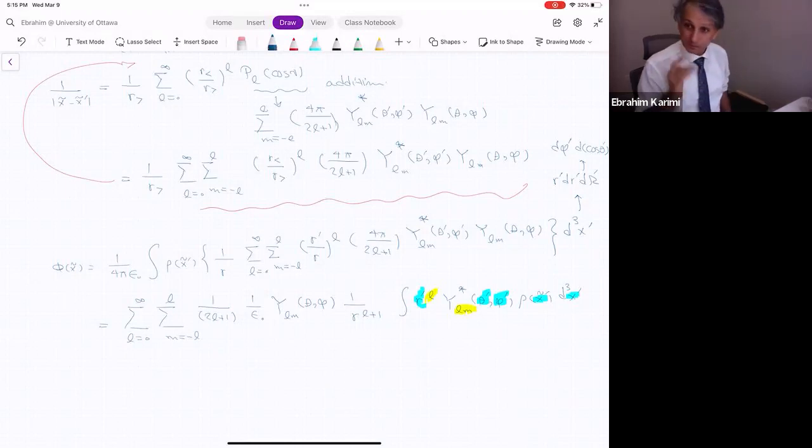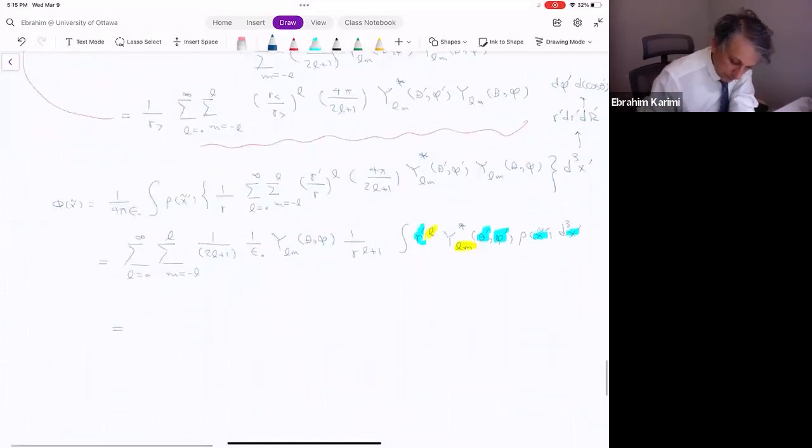All right, so that will be summation on L equal to 0 to infinity. Look, how do I cast them? It's 1 divided by 2L plus 1.